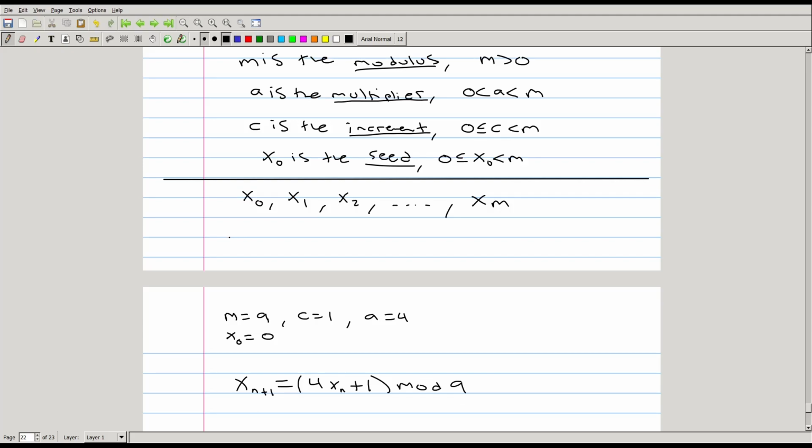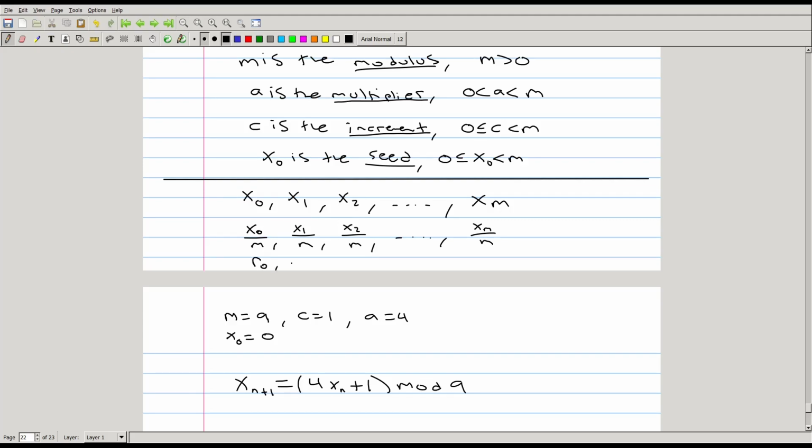So we consider X0 over m, X1 over m, X2 over m, and so on and so forth, all the way up to Xm over m.